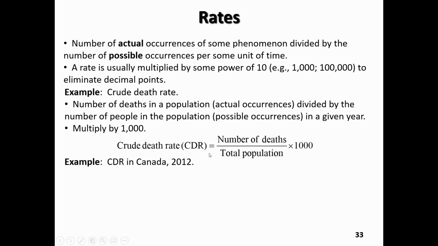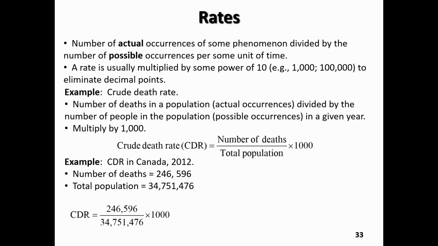And so as an example, to calculate the crude death rate in Canada in 2012, we would need some data. And those data include the actual number of recorded deaths over 2012, which was 246,596. And at the time, the recorded total population was just under 35 million.